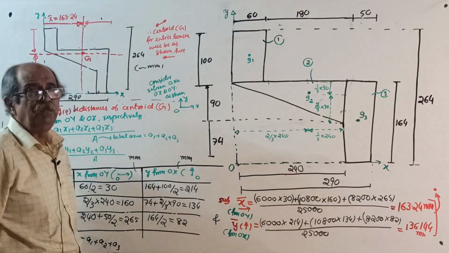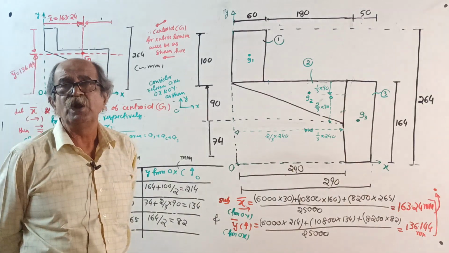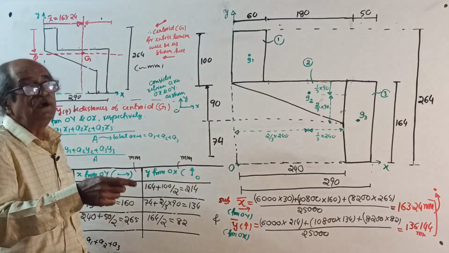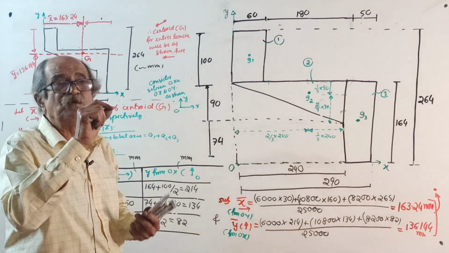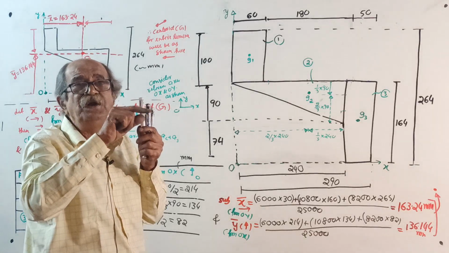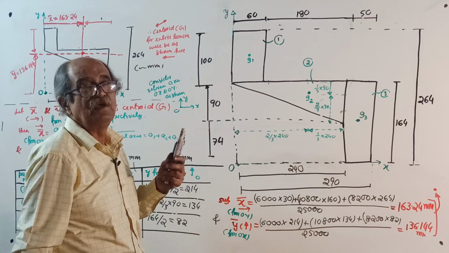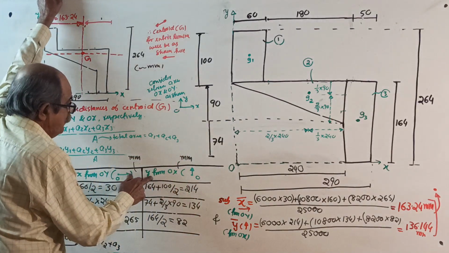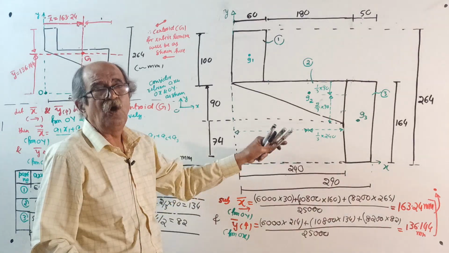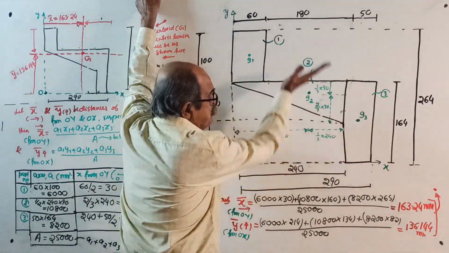This gives the formula. A1, A2, A3 are areas of each component. x1, x2, x3 are horizontal distances of centroids of components 1, 2, 3 respectively from the OY axis. y1, y2, y3 are distances of centroids of components from the OX axis, all x to the right side, all y upward.